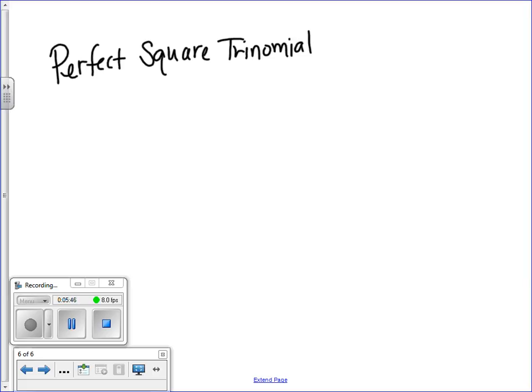Alright. A perfect square trinomial is a problem that started out like this. That's how a perfect square trinomial started out. When you boil this out, remember, that is not a squared plus b squared.